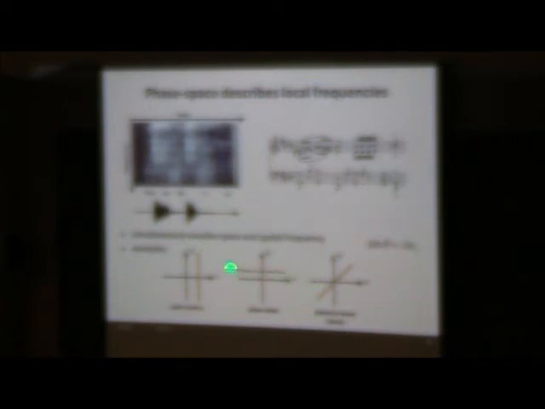Plane wave is the exact opposite. It exists at all points in space. It's only traveling in one direction with one spatial frequency. And a spherical wave has a linearly increasing chirp as you move away from the center of the sphere. If you think of this as direction, this is to the left, this is to the right. So you take a quadratic phase function and you convert it into a purely real, linear mapping in phase space.